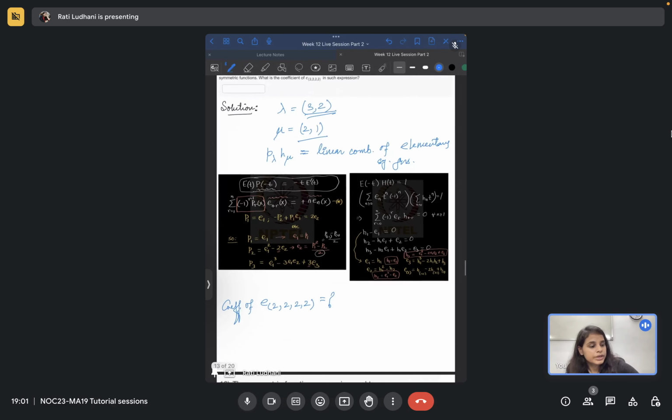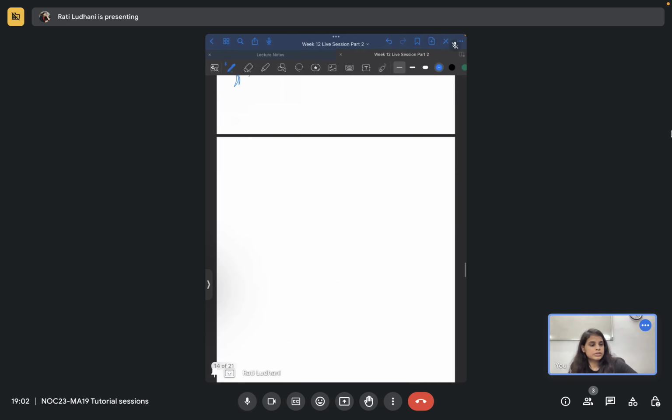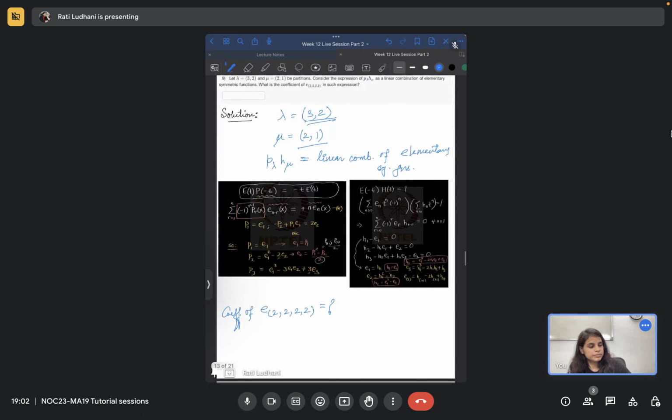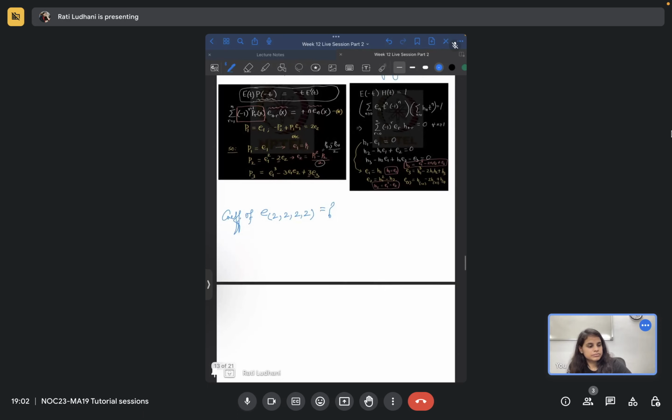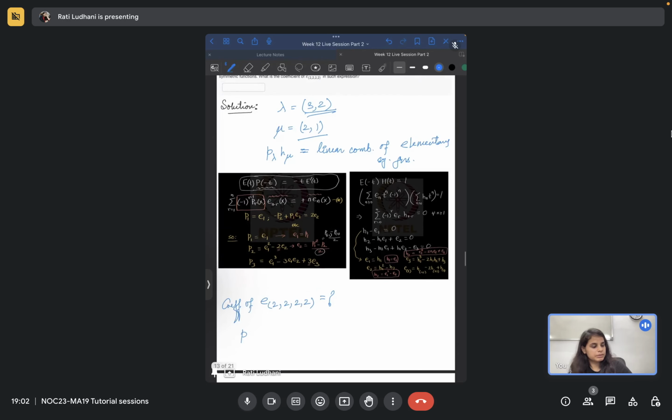Firstly observe what is happening here. We have given p lambda and h nu. So lambda is given to be 3 comma 2 and this is 2 comma 1.